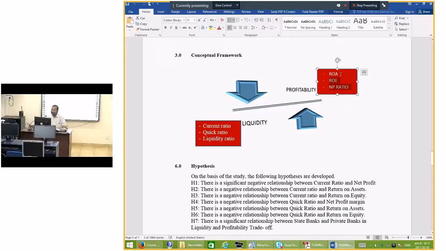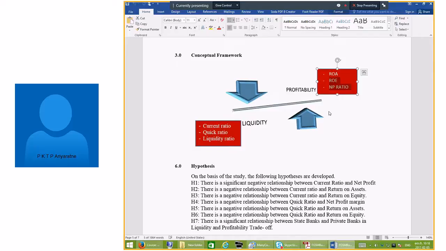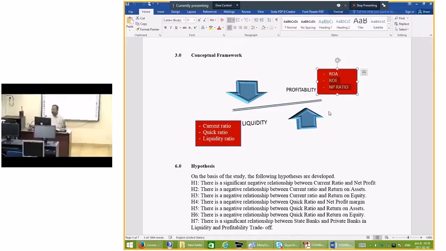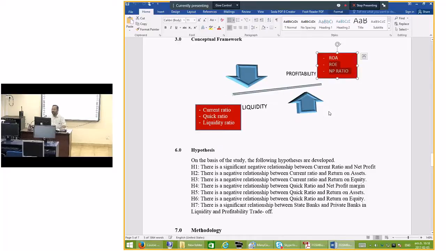But if the current ratio has two negative, one positive, and again the quick ratio has two positive, one negative, then you cannot get that conclusion. Sometimes you don't know what is happening, but you cannot take the final decision. The final conclusion is not clear.